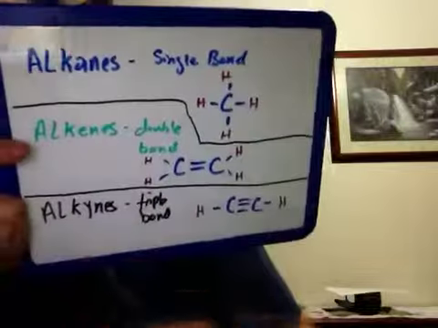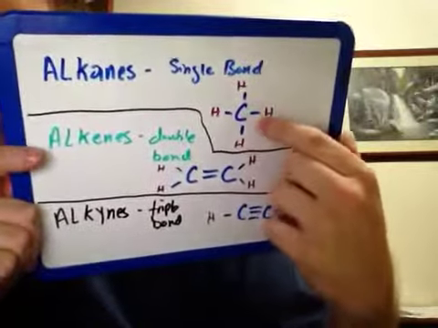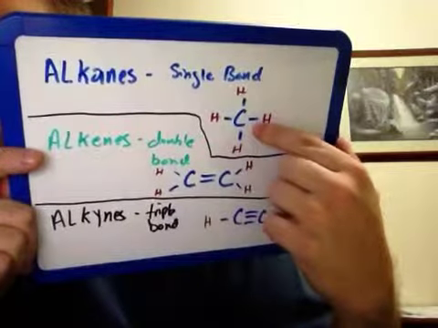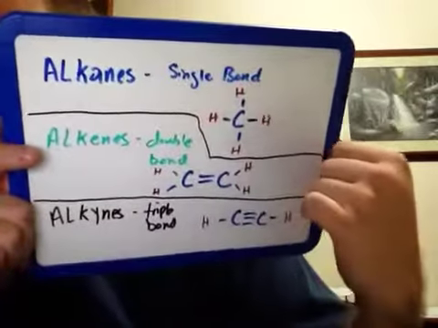And of course, the hydrogens have their duet met, they're happy. The carbon has its octet met, and it's happy. So I'm going to go ahead and show you that. Here we have our alkanes, single bonds, and I have the CH4 molecule, all single covalent bonds, carbon, hydrogen, CH4, or the methane molecule.